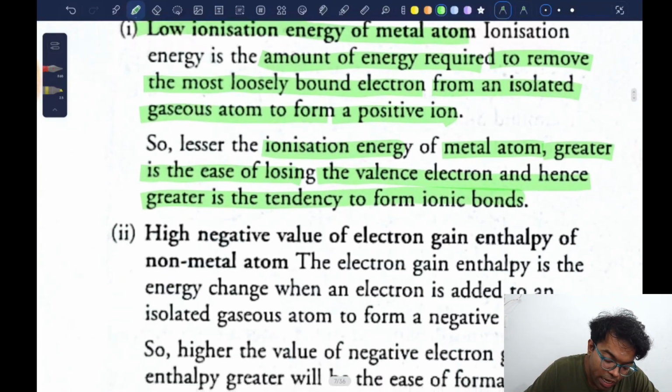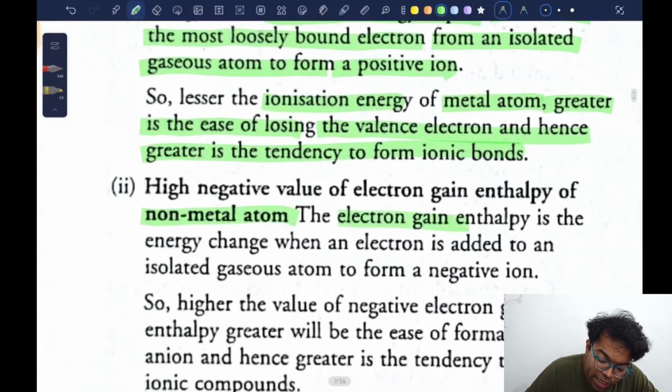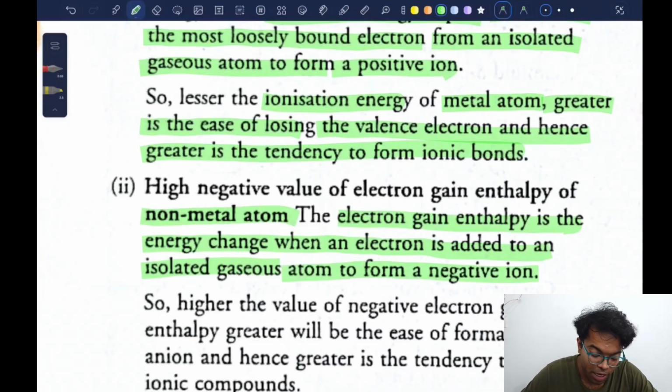Okay, high negative value of electron gain enthalpy of a non-metal atom. You should also have high electron gain enthalpy, low ionization enthalpy. The electron gain enthalpy is the energy change when an electron is added to an isolated gaseous atom to form a negative ion.